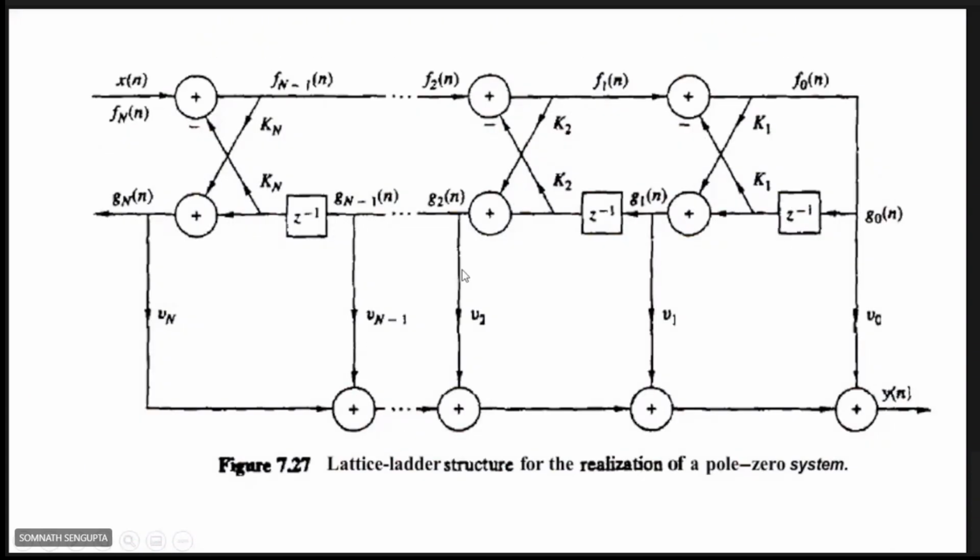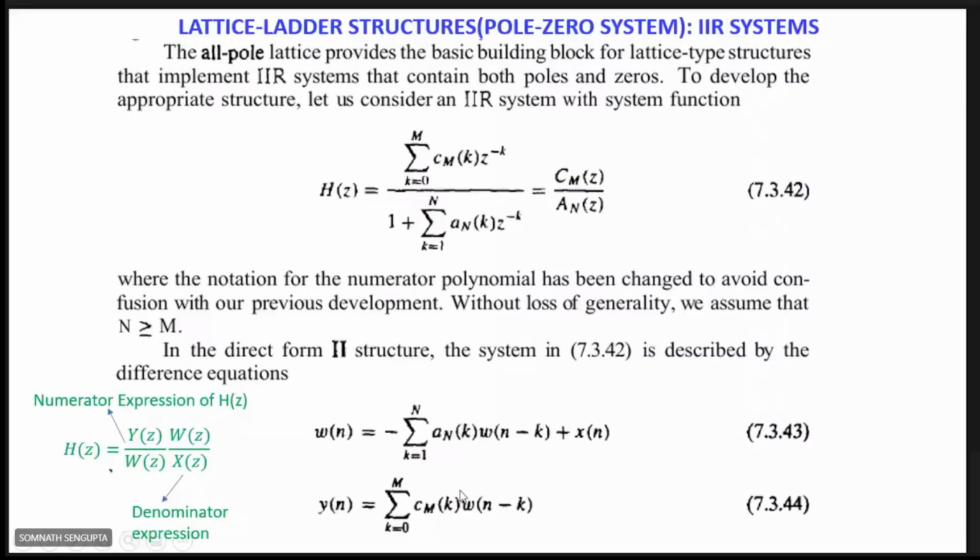The other part is this one, that is y(n) is equal to the sum over k equal to 0 to M of c_M(k), which is a coefficient, times w(n minus k).